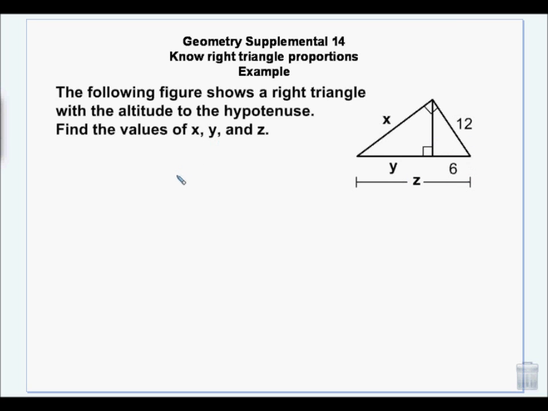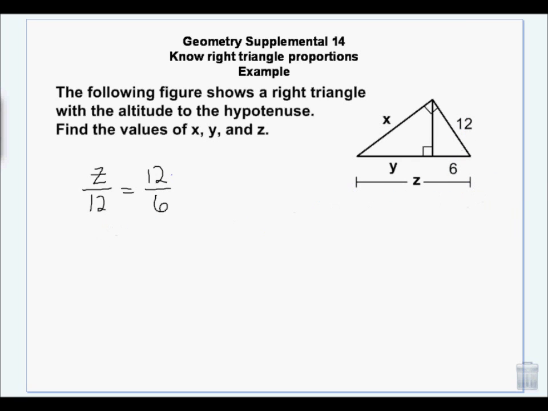So I would say z over 12 is equal to 12 over 6, because 12 is the geometric mean between 6 and z.